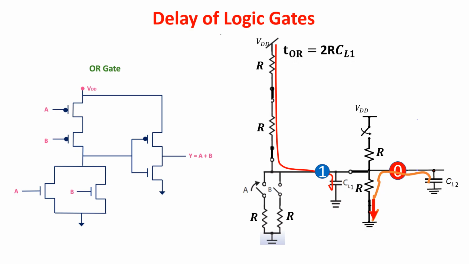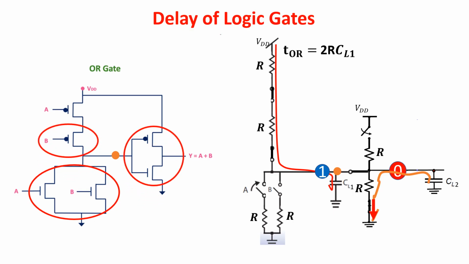CL1 is the capacitance seen at this node and it is created by the capacitances associated with the 2 NMOS plus that of the PMOS and that of the input of the inverter. Moreover, we have to add the time to switch the inverter, so plus R CL2, where CL2 is the capacitance of the output node created by the PMOS and NMOS of the inverter and by the input of the next gate.